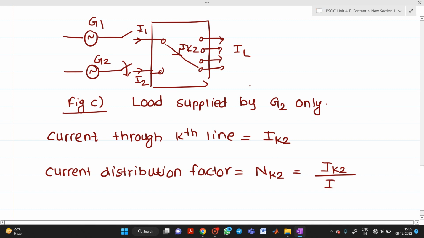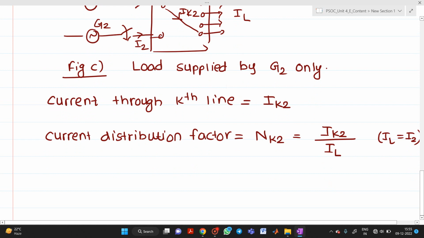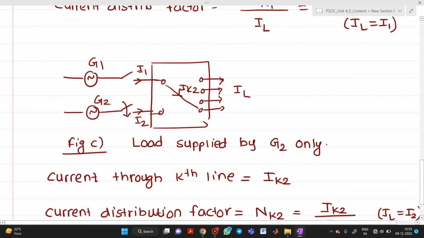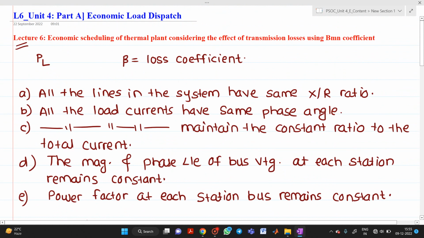That will be IL, or in other words IL will be equal to I2, because here the second generator is acting alone. Now because of the first and second assumptions we have seen, first, all the lines in the system have the same X by R ratio and all the load currents have the same phase angle.